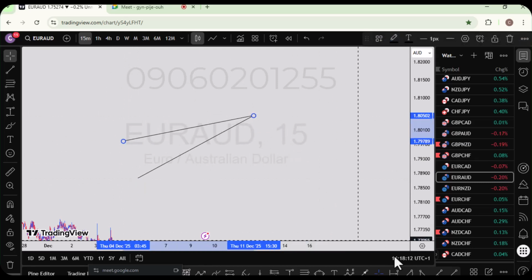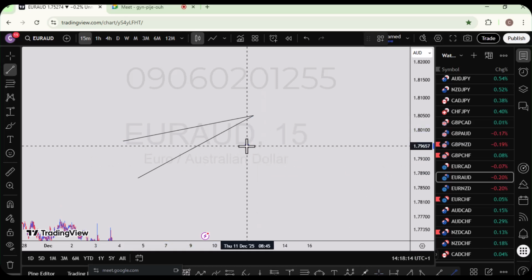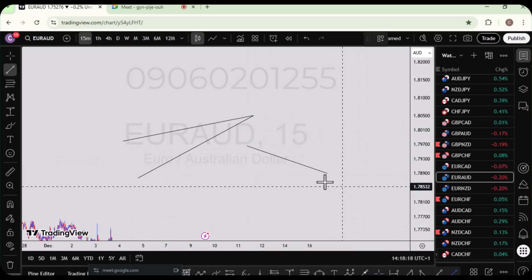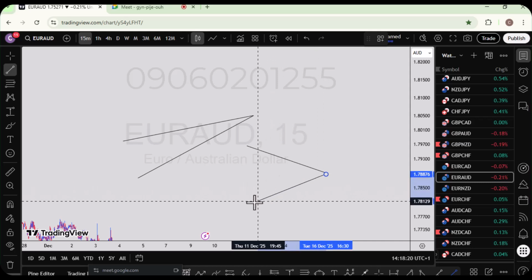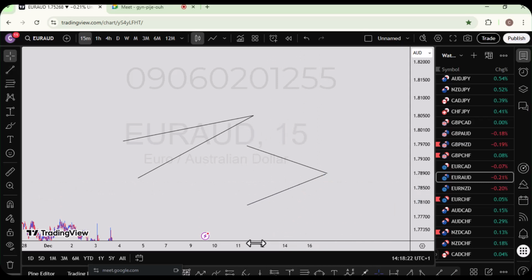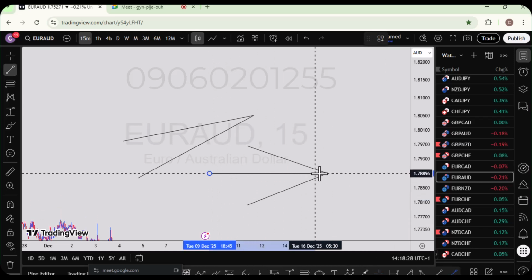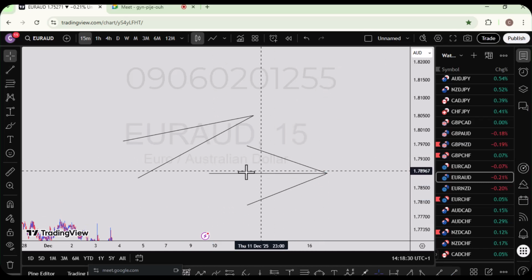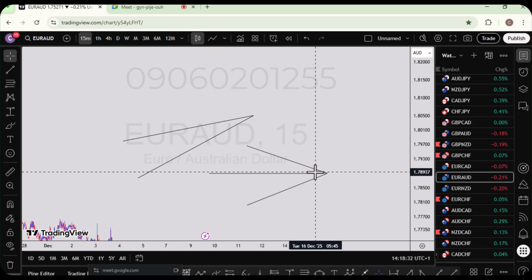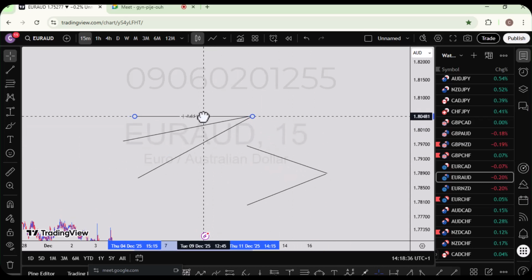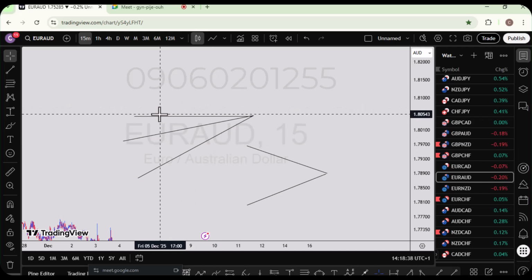So you need to know the difference, whereby in a symmetrical, the nose will be at the center. So how can you know the nose? The nose will be parallel. Now you check the nose right here, you can see this line right here. You can see the nose is parallel to this straight line. But in the case of the wedge, you can see that the nose is rising upward. So that is it.